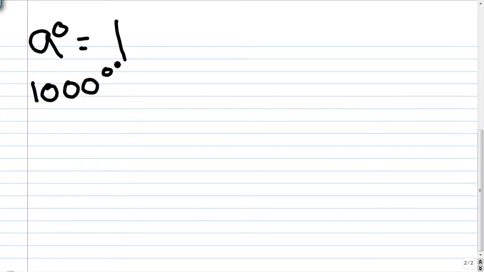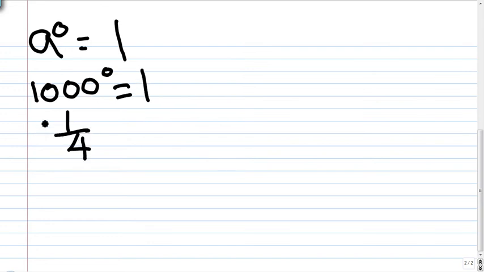Some people actually find this interesting. A to the power of 0 is actually equal to 1. That establishes the fact that anything to the power of 0 is 1, no matter how complicated the number is.